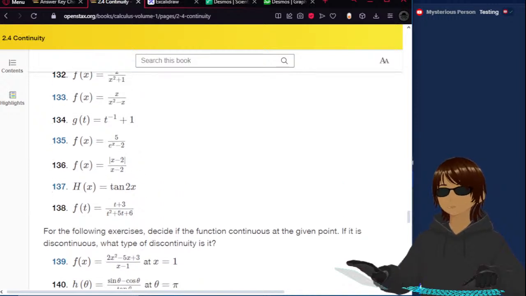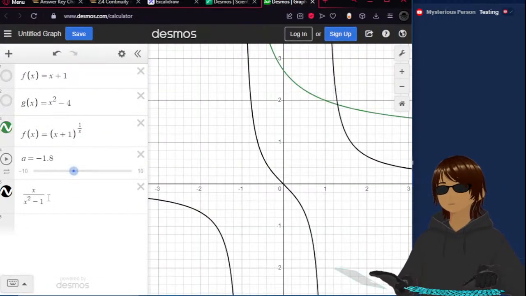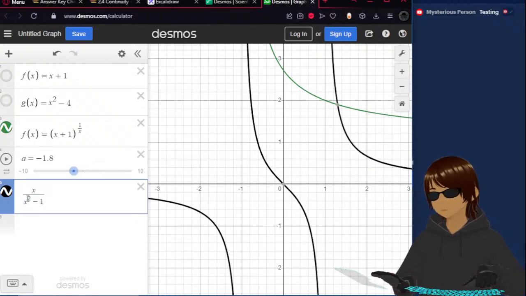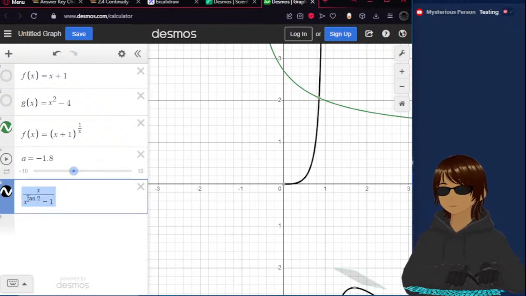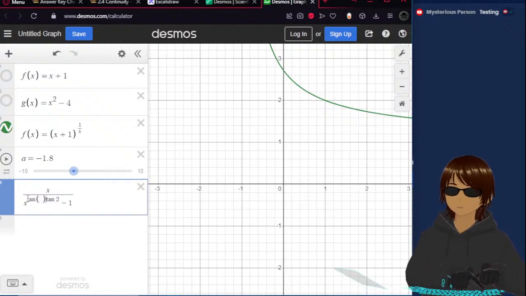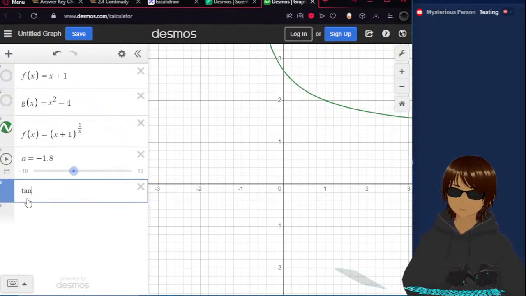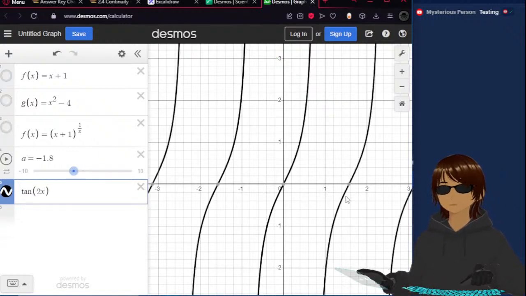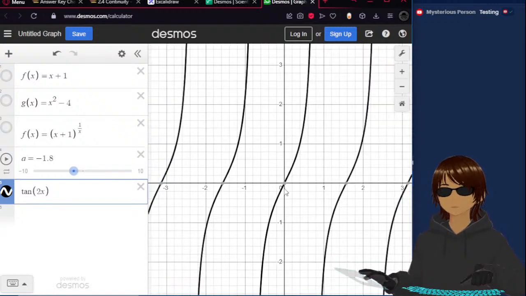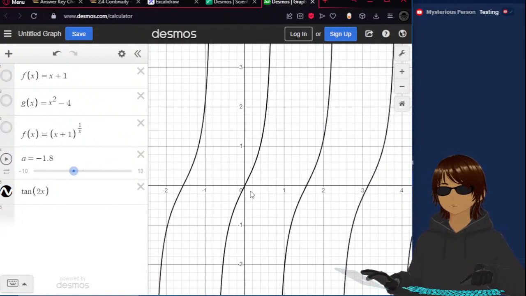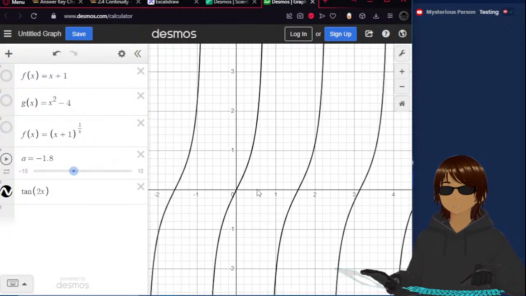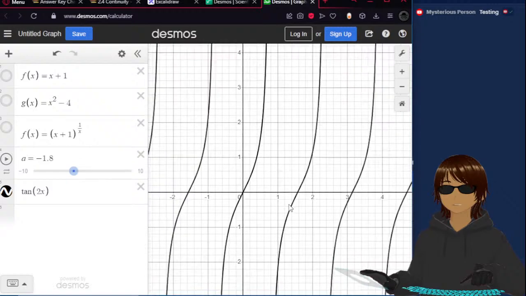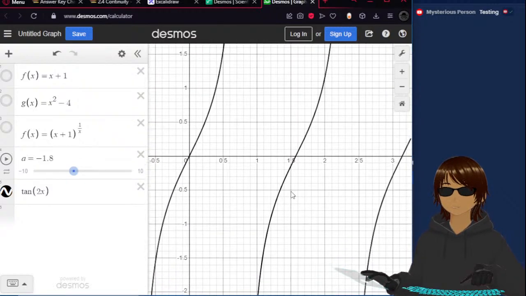Tan 2x, it's discontinuous at, wait, where is it discontinuous?